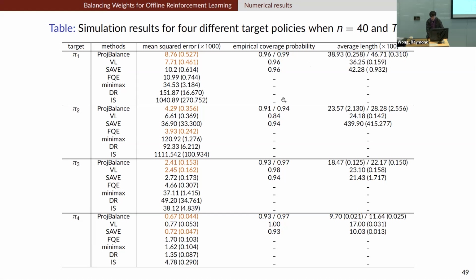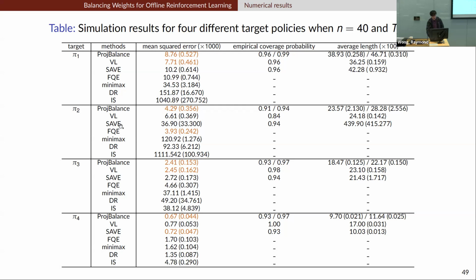We found that the coverage of our method is usually slightly lower than the nominal coverage, so we recommend widening the interval by maybe 1.2. And these are the corresponding average lengths of the interval. You can see our method performs pretty stably.